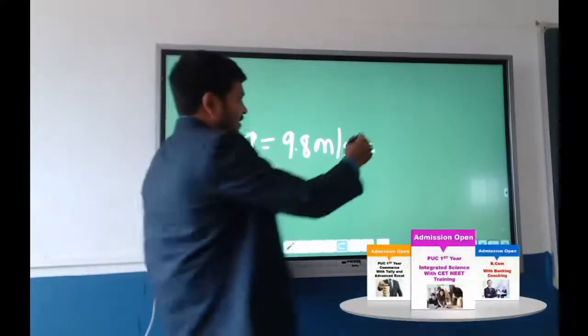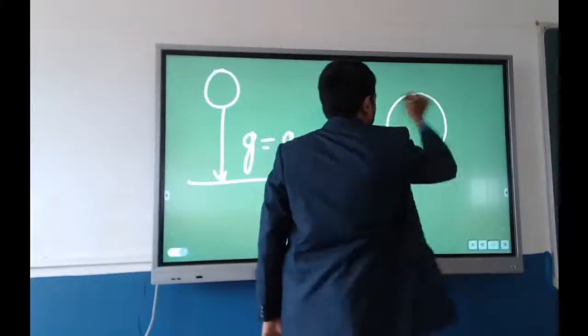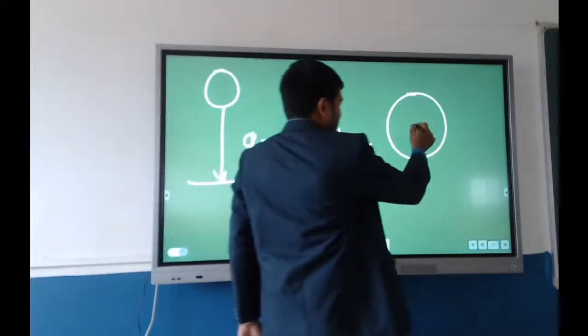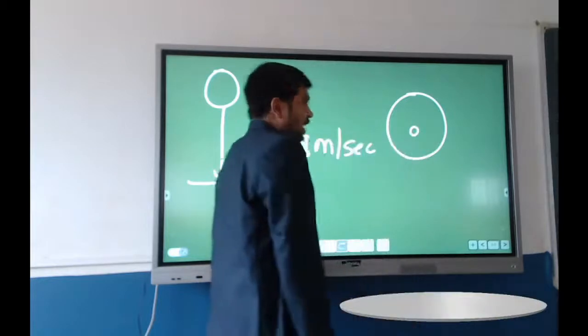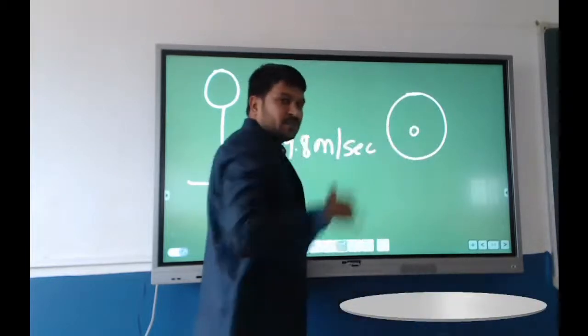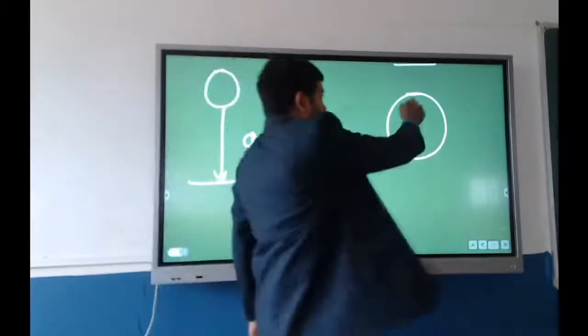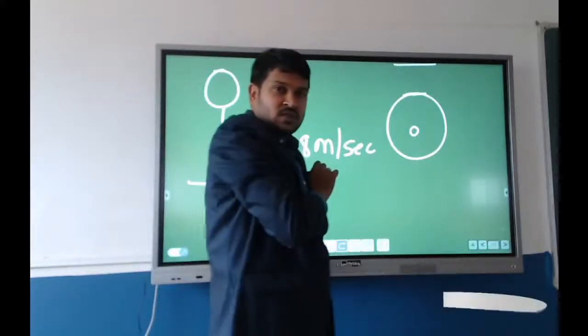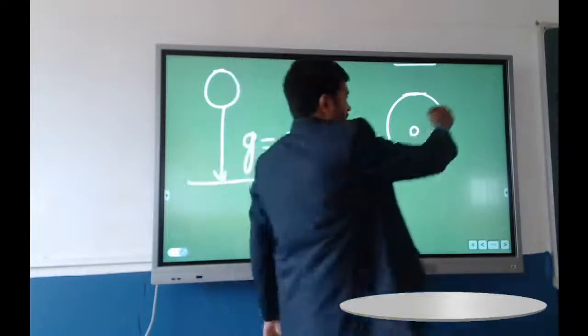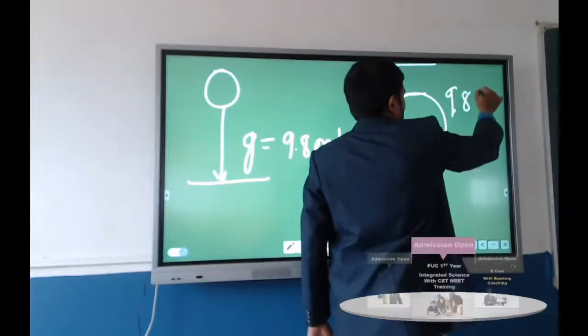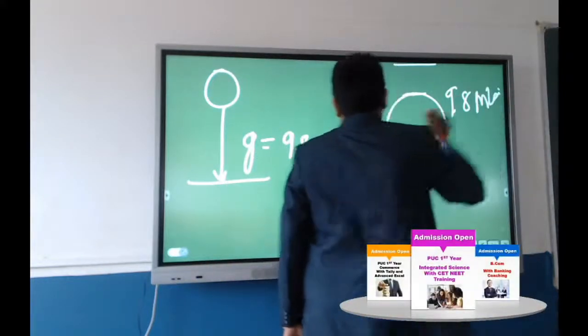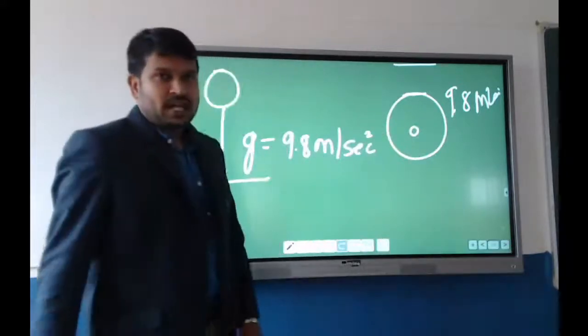That's why, here consider the Earth. In this Earth, this is the center, this is on the surface of the Earth, and this is above the surface. What about the gravitation on the surface of the Earth, students? It is 9.8 meter per second squared, g, acceleration due to gravity.